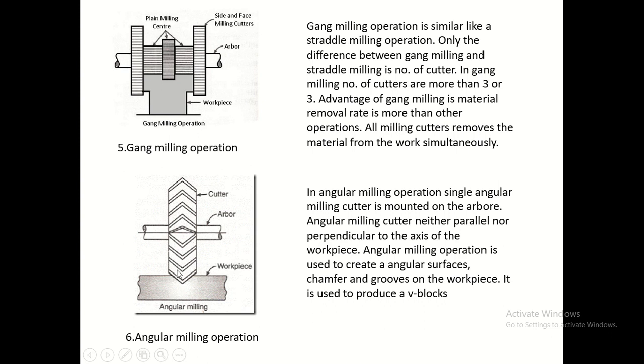It is basically used to produce angular surfaces, chamfers, and grooves on the workpiece, and it also produces V blocks. If the cutter is here, it creates a chamfer at these surfaces. It also creates grooves.